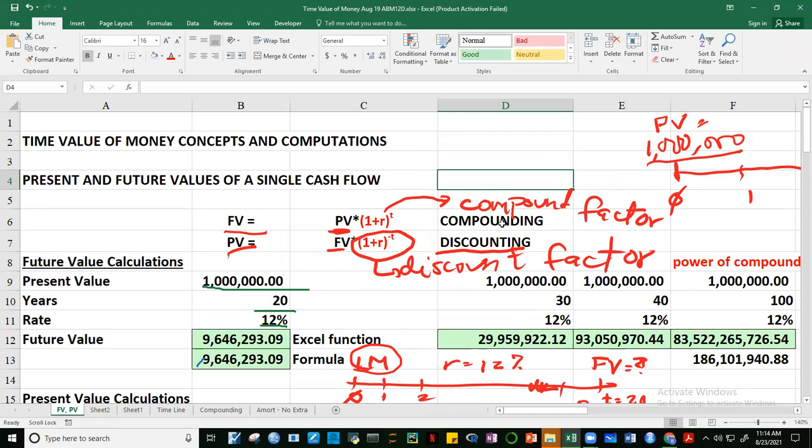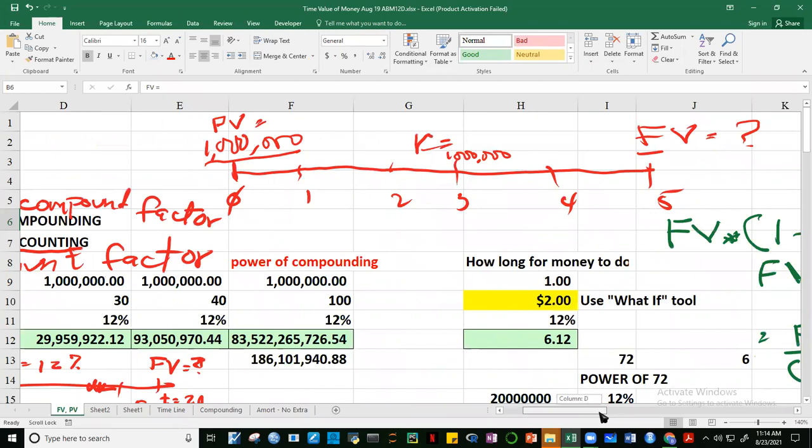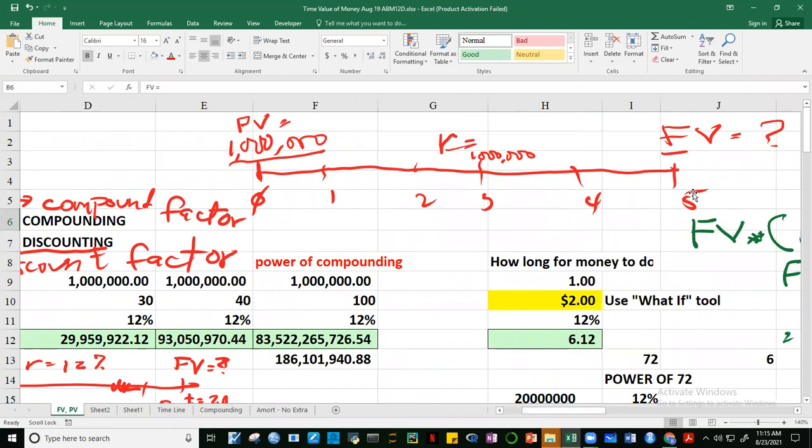Number 1 is the process of compounding. Pag sinabi natin compounding, guys, we're looking at the future value. Given a certain amount now, we'd like to know what's the equivalent amount X number of years down the road. So kunyari, meron tayong present value ngayon na 1 million, magkano siya 5 years from now?